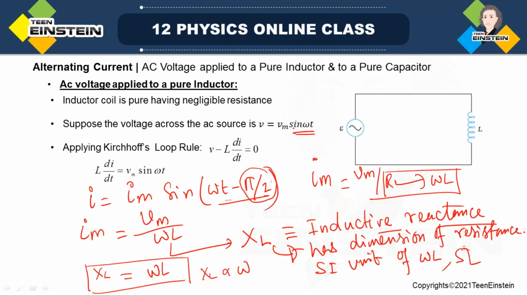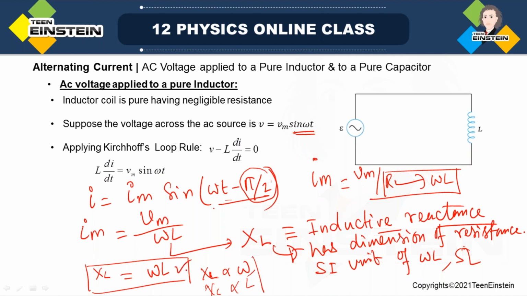But both voltage and the current have the same frequency. And this inductive reactance is directly proportional to the frequency of that signal or frequency of that current, and it is directly proportional to L, the self inductance.